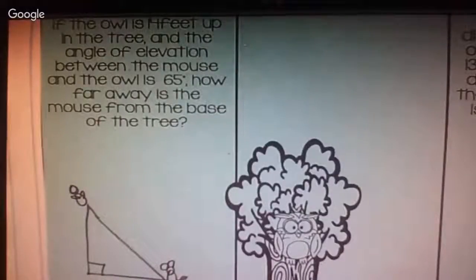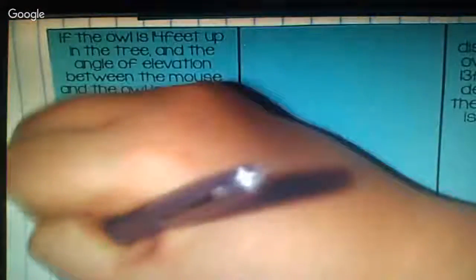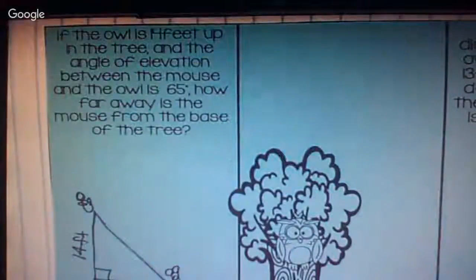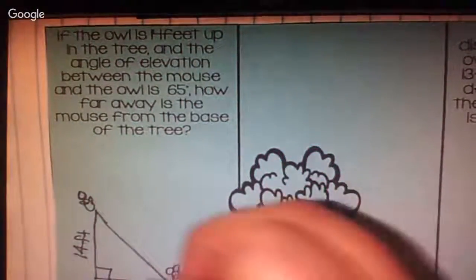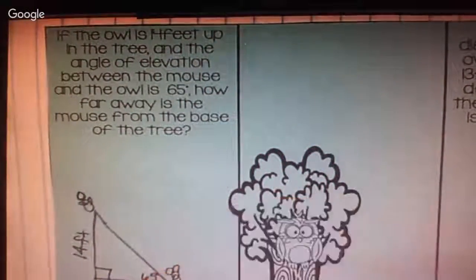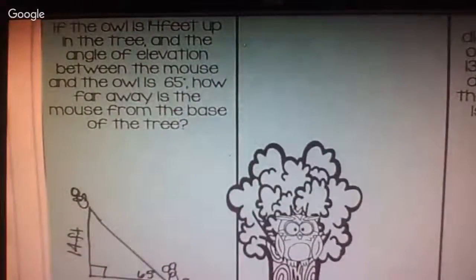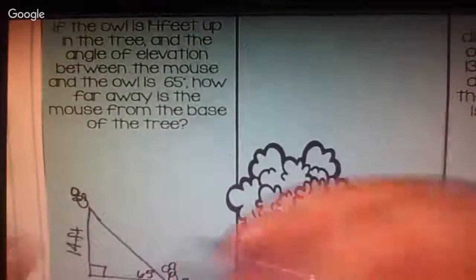All right. So we need to label what we can. It says the owl's 14 feet up in the tree. Where does that go? On the side. 14 feet over here. Angle of elevation 65. So that's at the ground. How far away is the mouse from the base of the tree? Am I looking for the hypotenuse or the other leg? The other leg.